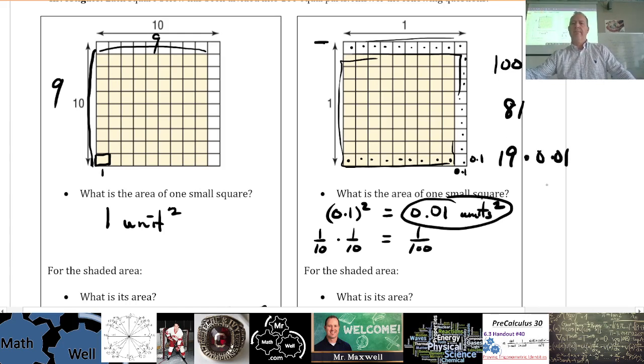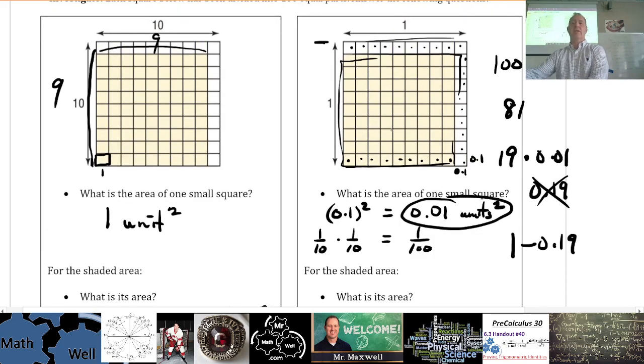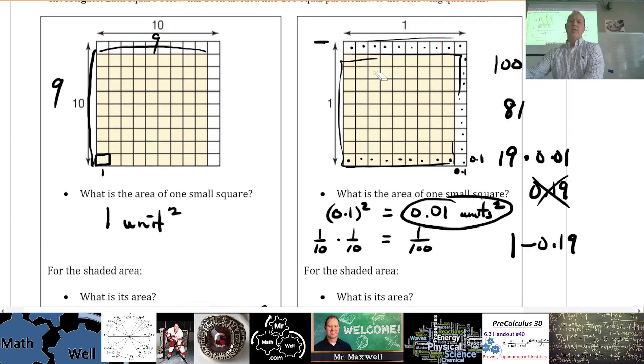Well, that's going to be 0.19, right? Okay, so that's what I don't have out of this. So what is 1 minus 0.19? Because that's the yellow stuff that I have left. 0.81.